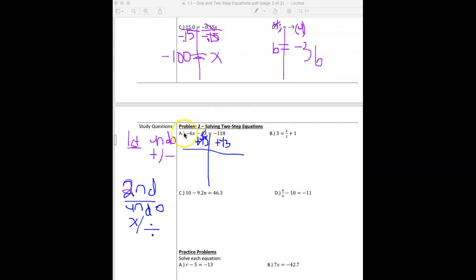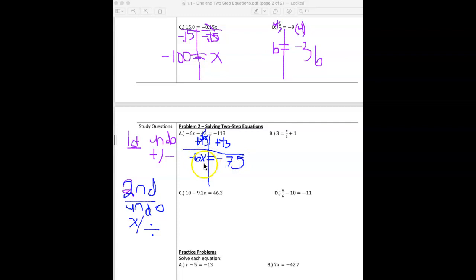On this side, remember it's zeroed out, still bring down the negative 6x. Over here, again, remember it's subtraction. Use a calculator if you need to, or if you can do it by hand, that's all good. 118 minus 43 is 75, but it should be a negative 75 because 118's greater than 43, and it's negative.